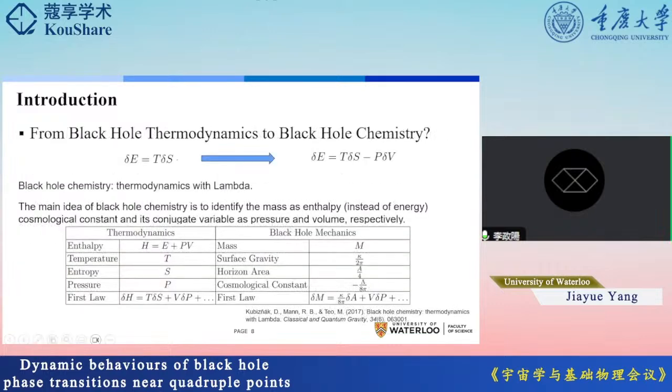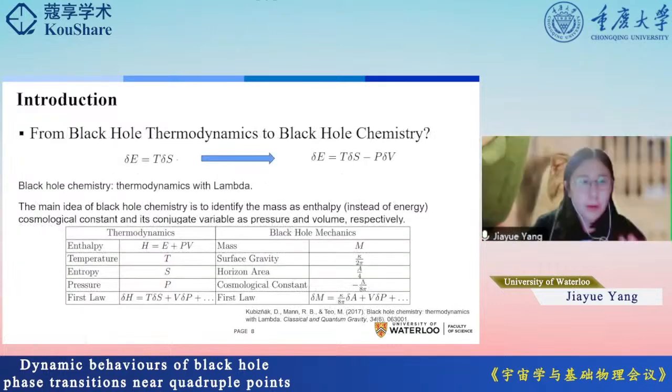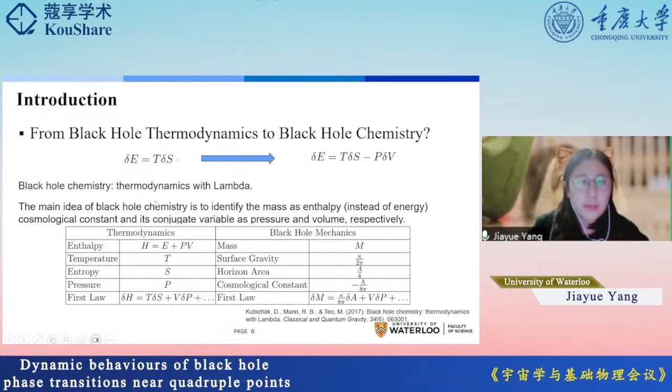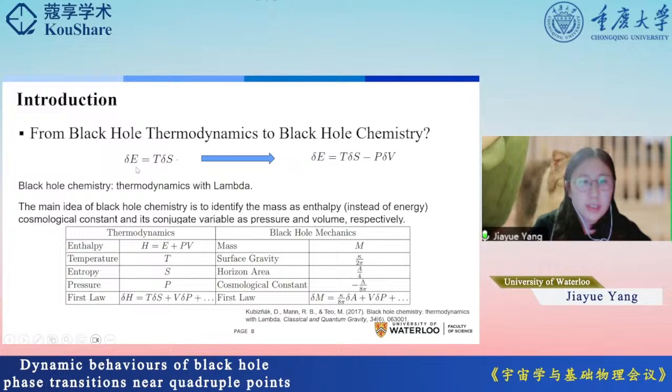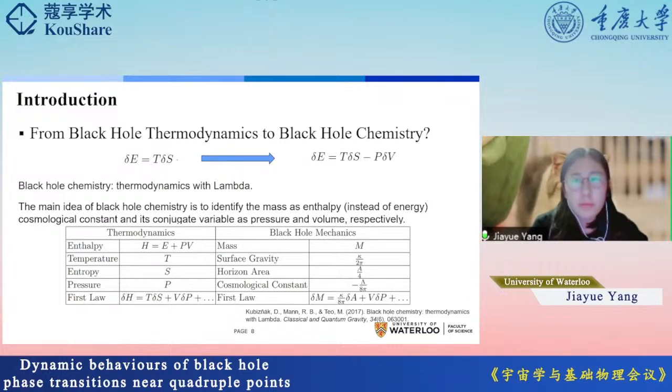So next, how can we go from black hole thermodynamics to black hole chemistry? In the previous slide, we know that we can write the first law of black hole thermodynamics as delta E equals T delta S plus some work terms. But in high school chemistry, we know that pressure is also a very important variable in a chemical system.